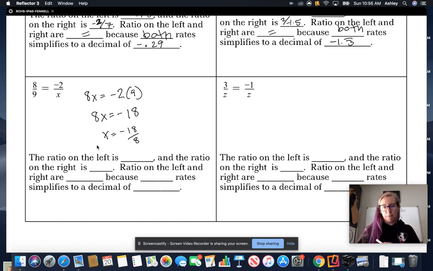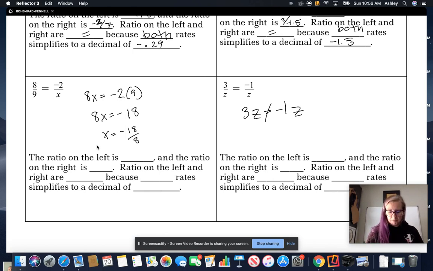If you have 3 being divided by some value z equal to negative 1 being divided by that same value z, is that possible? Well, let's start by doing what we were doing. We're going to cross multiply. 3z equals negative 1z. Is it possible to have 3 z's, 3 of some value, be equal to negative 1 times that same value?